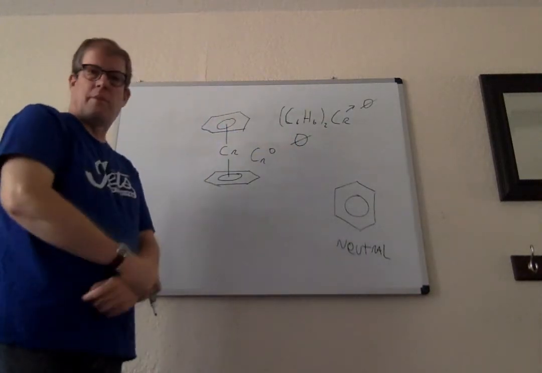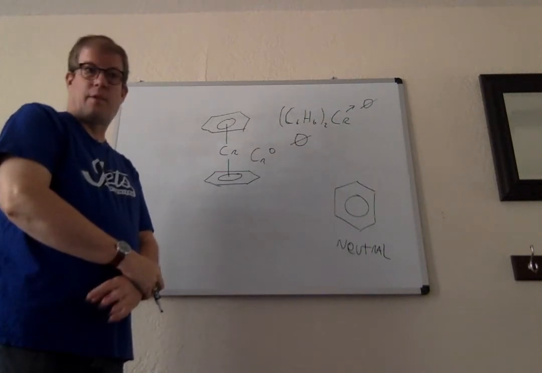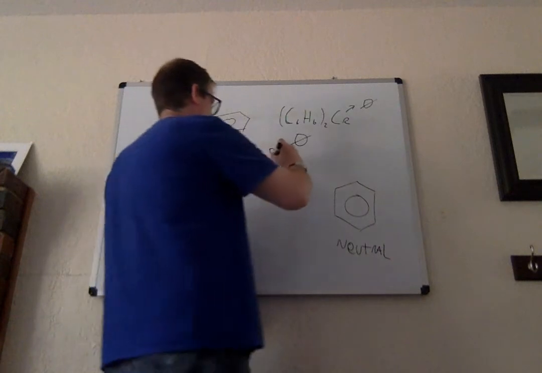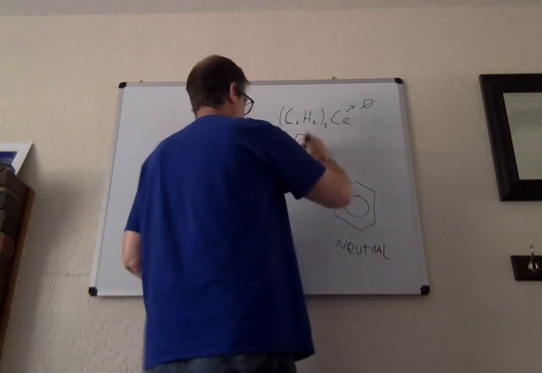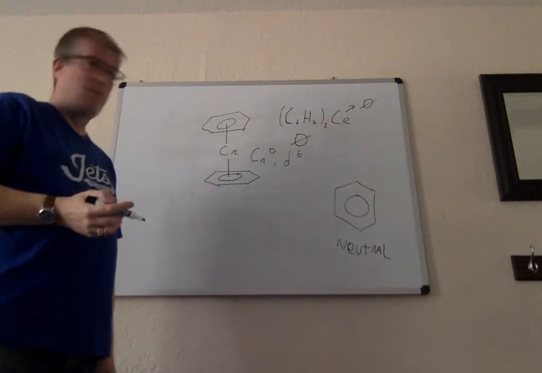Look at where this metal comes in the periodic table. It's in group 6. It hasn't lost any d electrons because it is not charged. And finally, what's the metal coordination number?